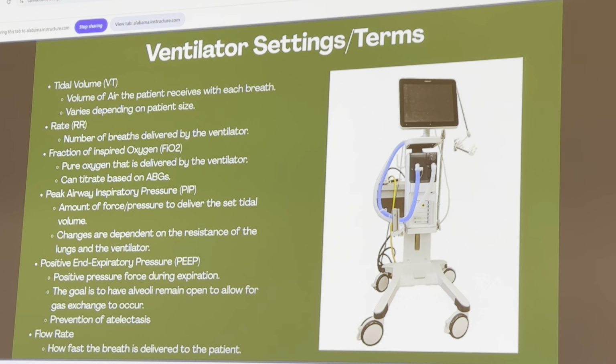With your PEEP as well, remember, we're causing a lot of increase in that intrathoracic pressure. There's also the heart that's involved in that thoracic cavity. The more pressure that I'm creating in that space, the more pressure is being compressed on my heart. So that's overall going to decrease that cardiac output. So I'm going to have a decrease in blood pressure.